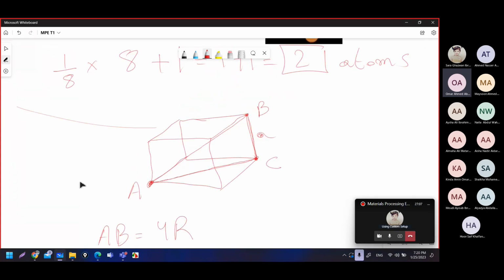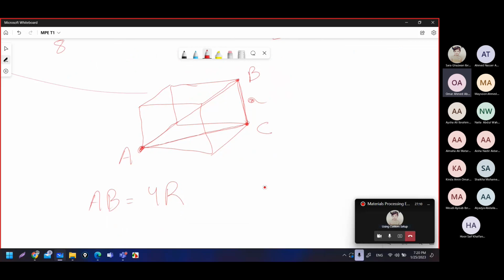The line BC is the edge of the cube, so it is A. The remaining is to calculate AC. I know this edge of the cube is A and this also is A, so I can use the Pythagorean theorem like we did in the FCC structure.